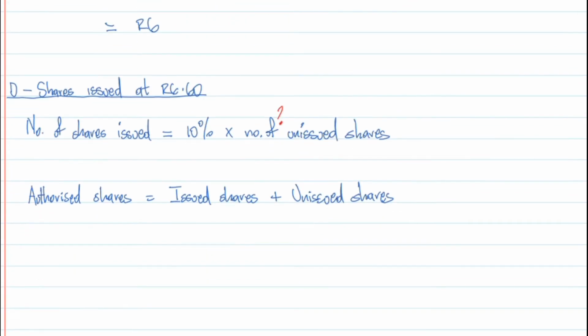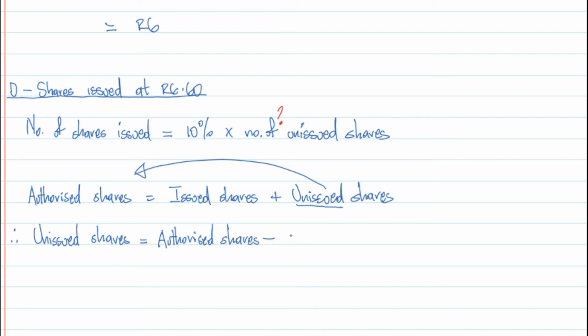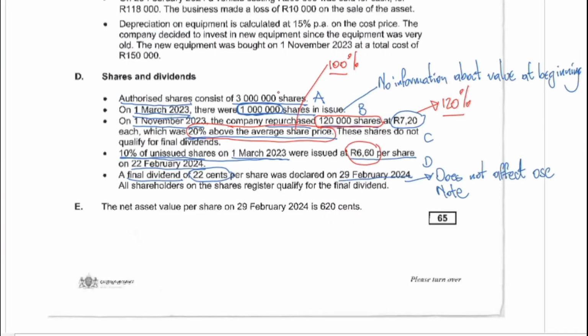So we can rearrange the formula to make the unissued shares the subject of the formula by saying unissued shares equals authorized shares minus issued shares.